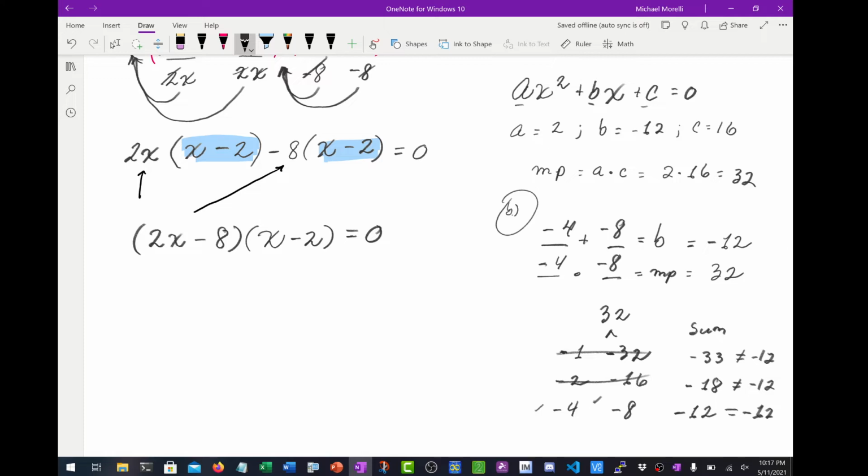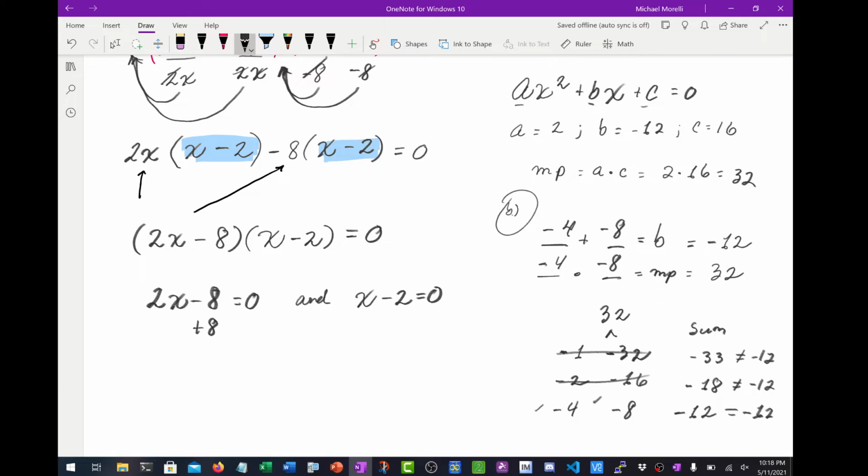But factoring by grouping was successful here. And so we just set each factor equal to 0. 2x minus 8 equals 0. And x minus 2 equals 0.